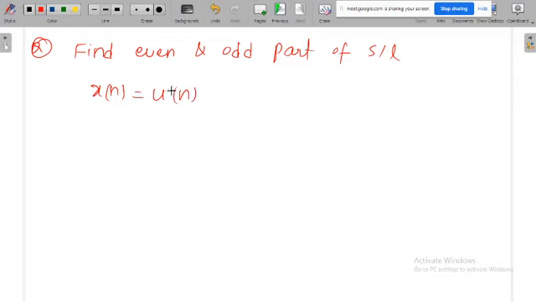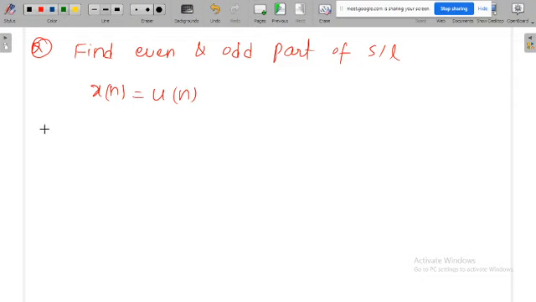If you see the nature of u of n, it is a unit step function in the discrete domain. That means it is a one-sided function, so definitely it could not be even or odd.